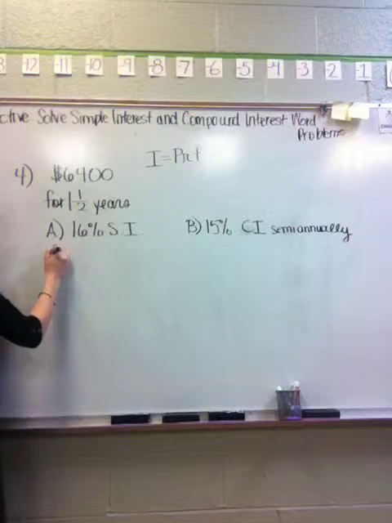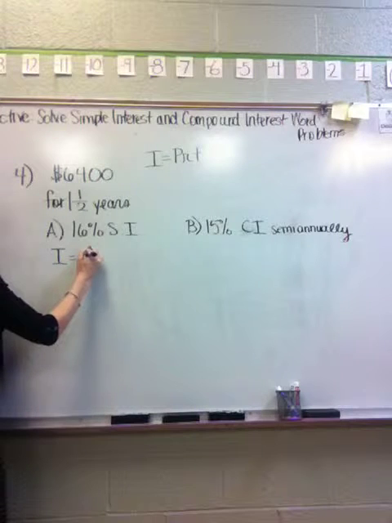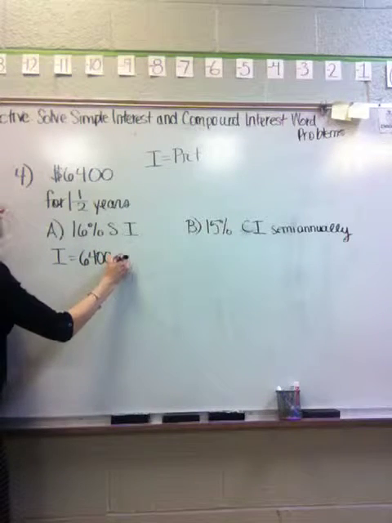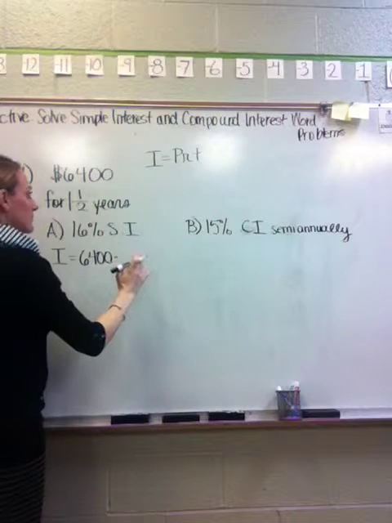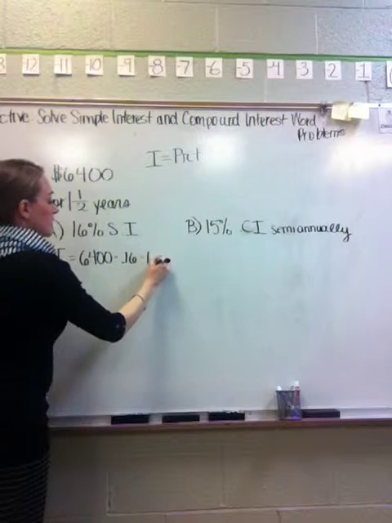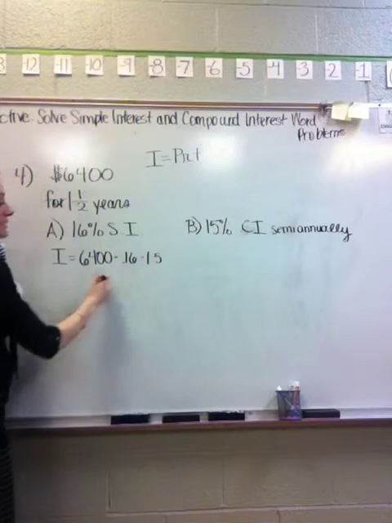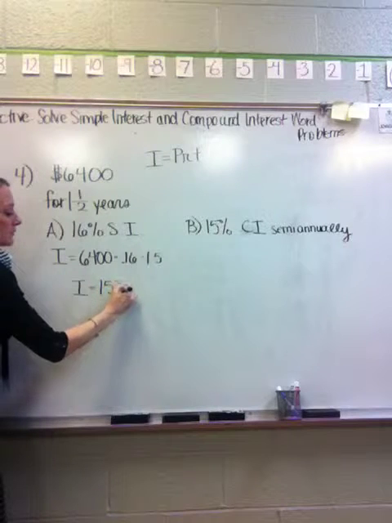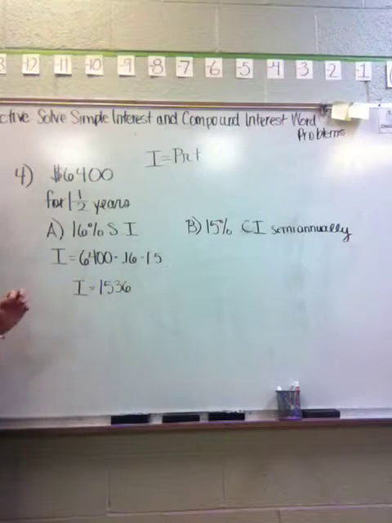Simple interest. My interest is equal to my principal amount, which is 6,400, times 16%, so 0.16, times 1.5, which is my time. What is this equal to? 1536. Wait, why would you do 1.5?